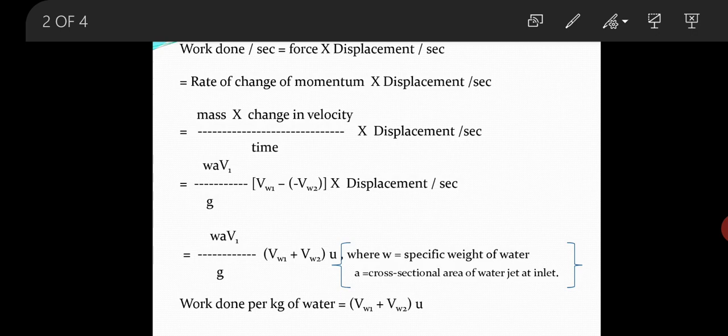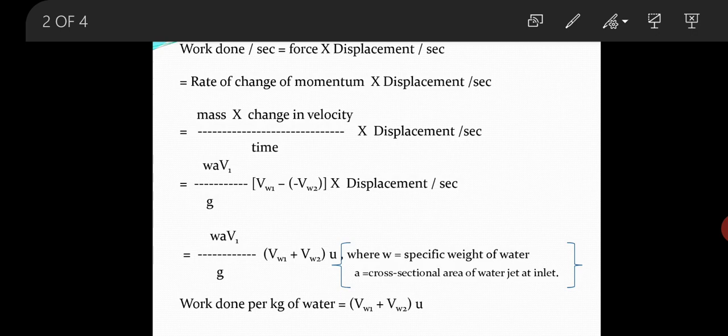We have already discussed this while discussing the velocity triangle. Today also I will show the velocity triangle once again to make you familiar with the terms V1, VW1, VW2, U, because while calculating the work done, we require these velocities.